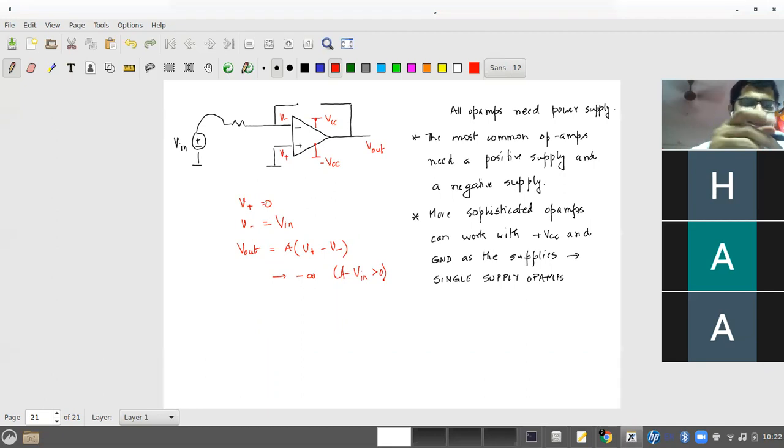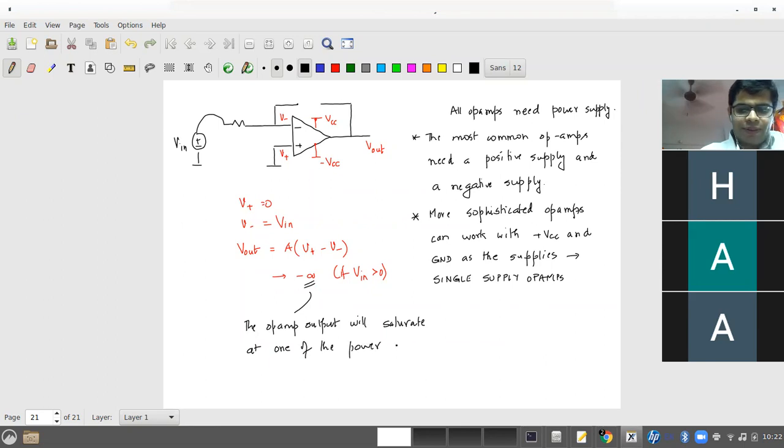Okay. So this, you really can never hit infinity. What will happen is that the op amp output will saturate at one of the power supply rails.